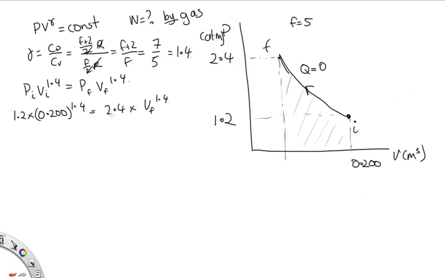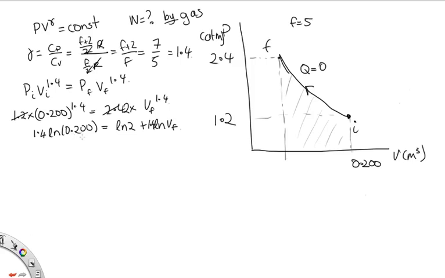Divide 2.4 by 1.2 and we end up with 2. And then we can write 1.4 log 0.200 is equal to log 2 plus 1.4 log VF. These are just numbers.